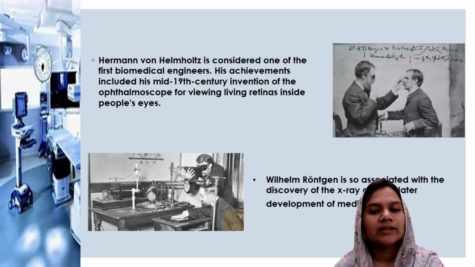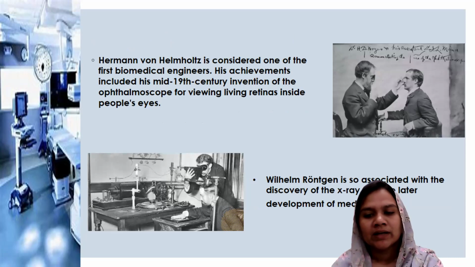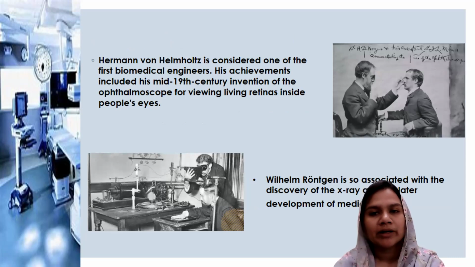The next one is the ophthalmoscope, invented by Helmholtz to view the live retina inside the eye. A very important milestone in biomedical instrumentation is the X-ray, invented by Wilhelm Roentgen.